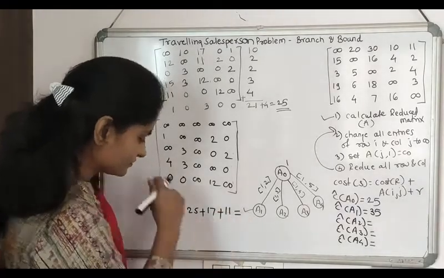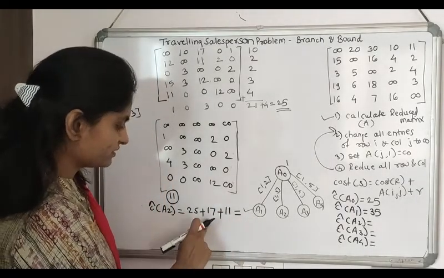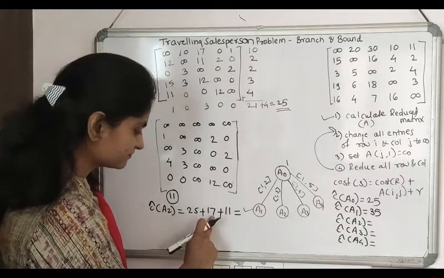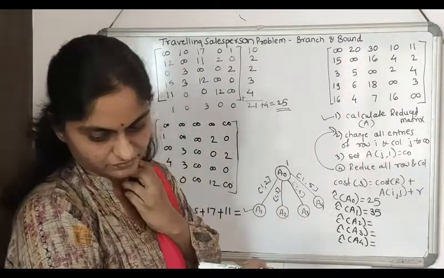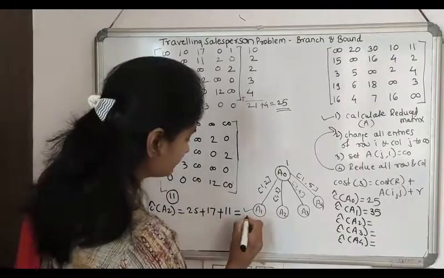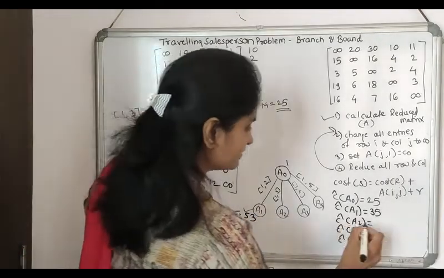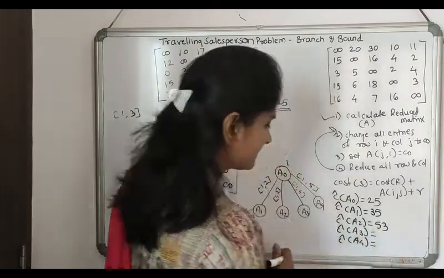So the cost is 25 plus 17 plus 11, which is 53. Here the cost is 53.